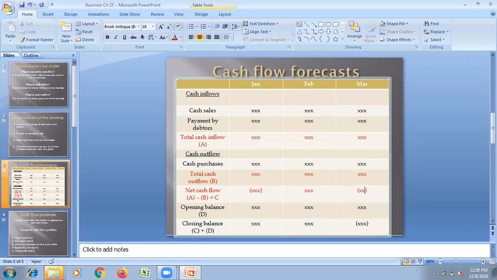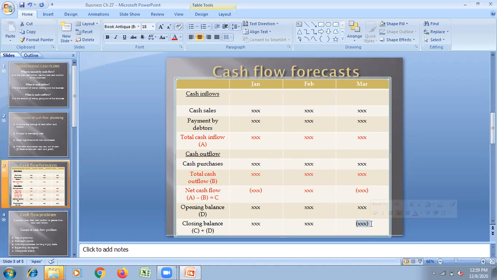and it is a huge amount, and it actually makes your closing cash balance negative. Now this is what we call a cash flow problem. So whenever the closing cash balance at the end of the month is negative, that means the business is facing a cash flow problem.